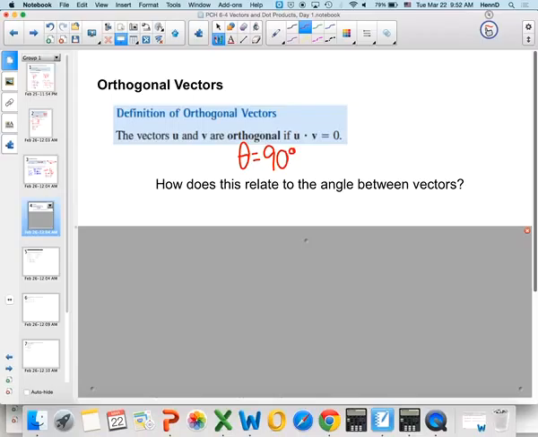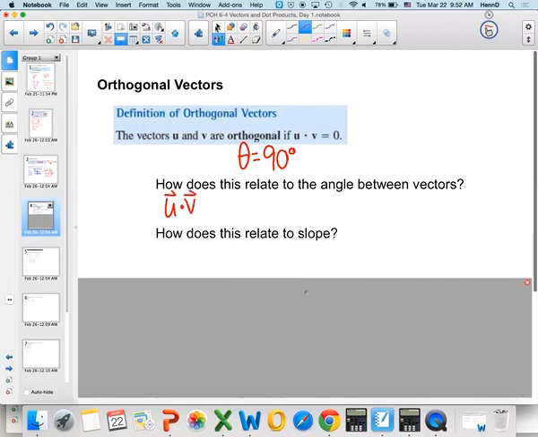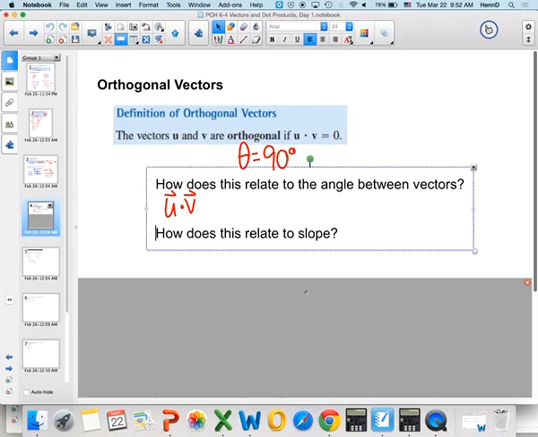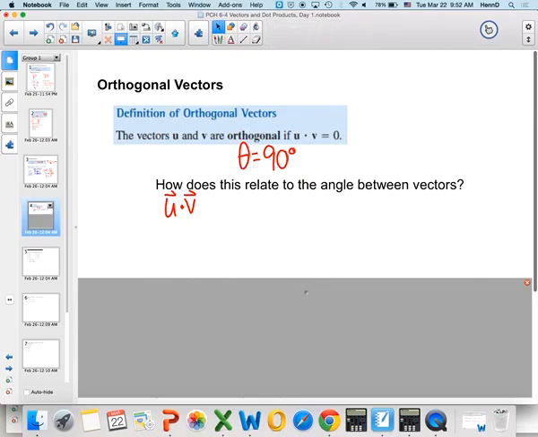So look, how does this relate to the angle between vectors? I'm going to make a little table here. If u dot v has 3 possibilities, it could be positive, 0, or negative. That's going to mean different things for our angles.